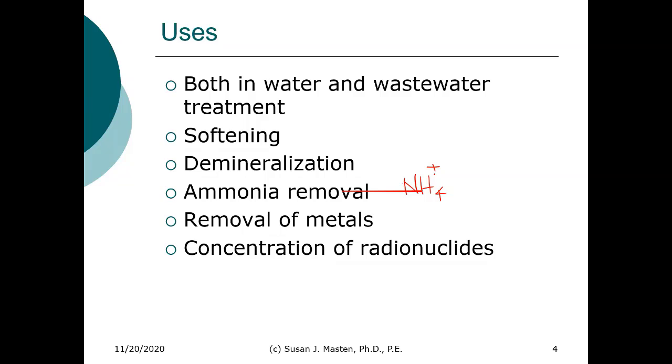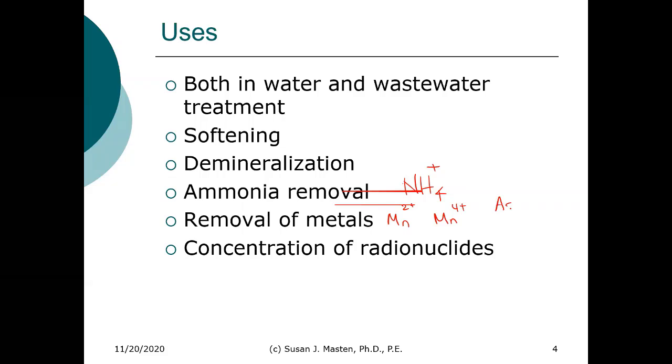We can remove metals. We need to know the charge of those metals. So for instance, if we're looking at removing manganese, we need to know if it's manganese 2 or manganese 4, what state is it in? Is it as a hydroxyl ion?